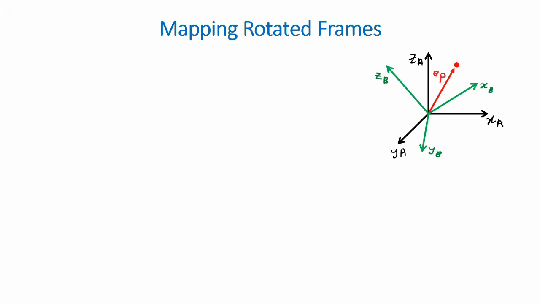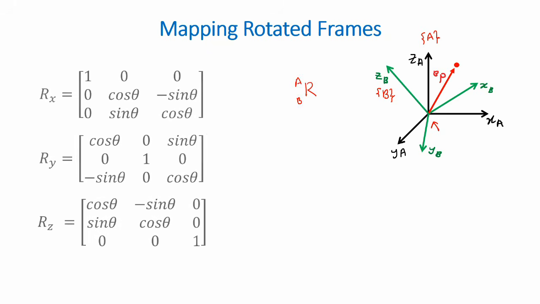The second type of mapping are rotated frames. Here, frame B has been rotated with respect to frame A. The orientation of B is now different to that of A, yet there is no translation as the origin of B has not changed. A point in frame B can be represented in frame A using the 3x3 rotation matrices as discussed previously.